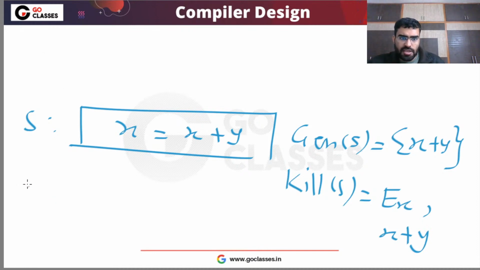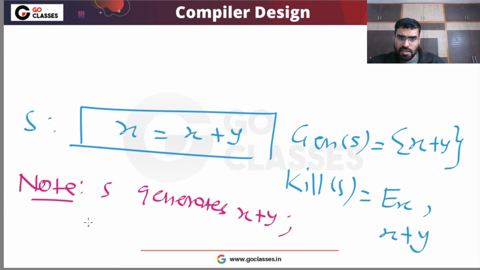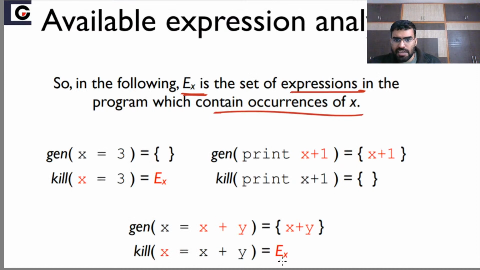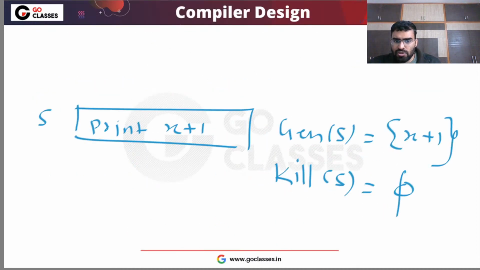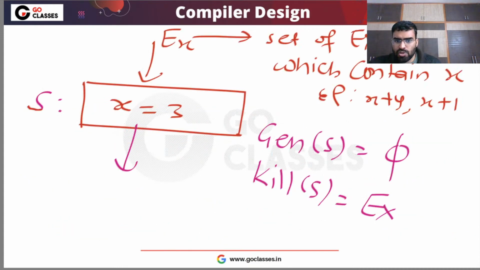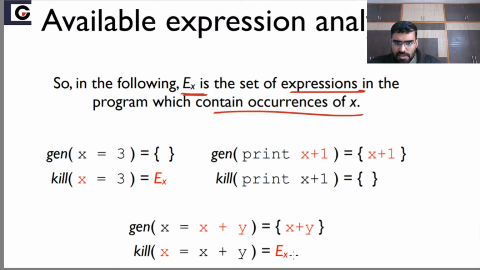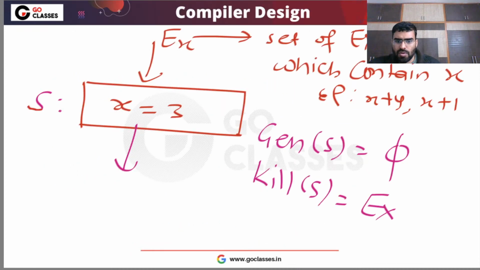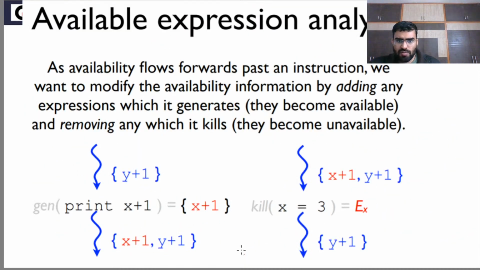So S generates x plus y, then kills it. Yes or no? So basically this Ex also will be killed and this x plus y also will be killed. Both these things will be killed.